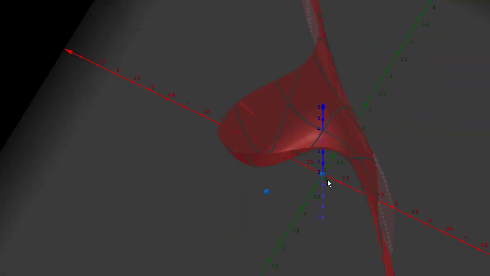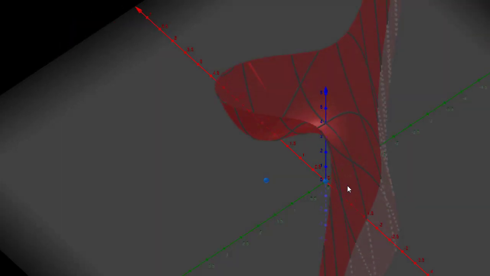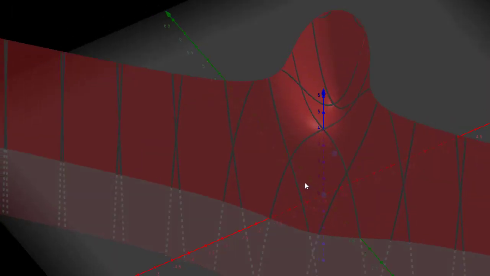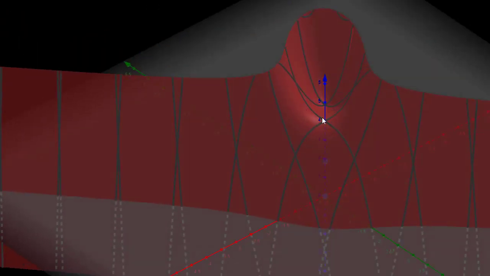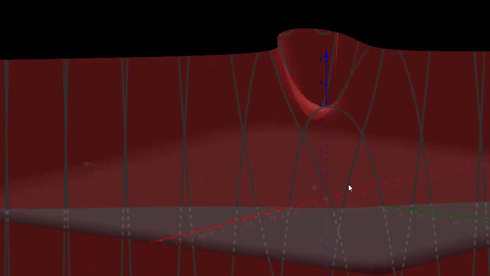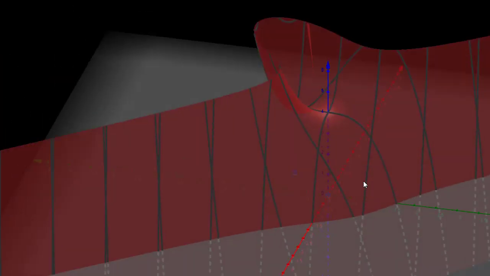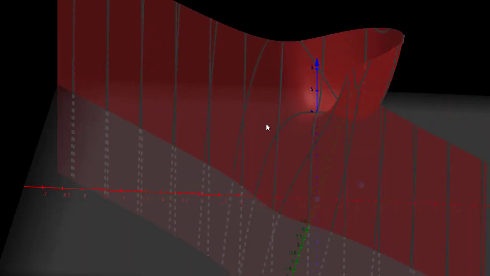And then over the origin, right, 0, 0, you can almost see it right here, we have some weirdness going on here where it's not even a max in one direction and a min in another.